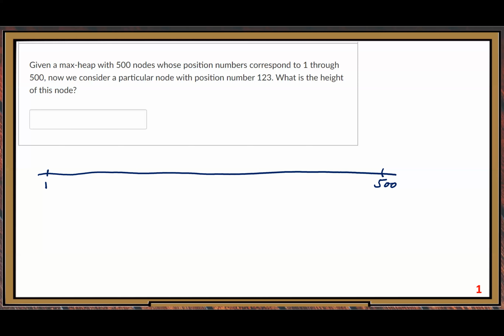So let me review that. All right, so first, leaf nodes. For leaf nodes, we know height h equals 0. That's the leaf nodes. Okay? And our formula for leaf nodes, remember that.